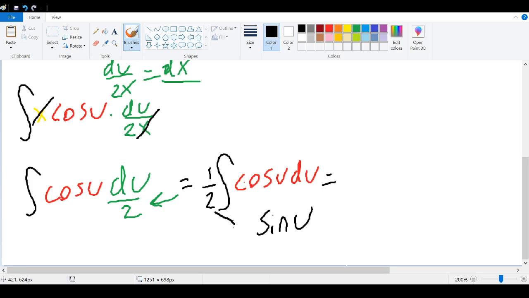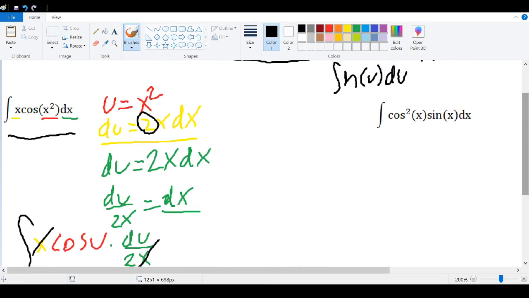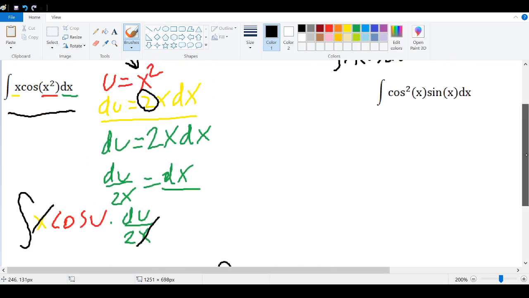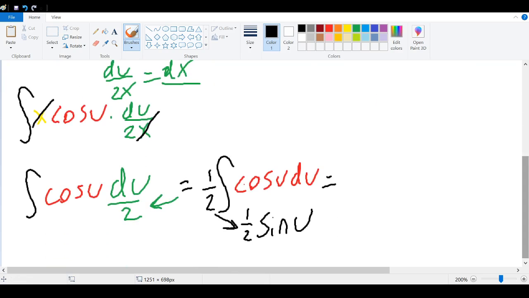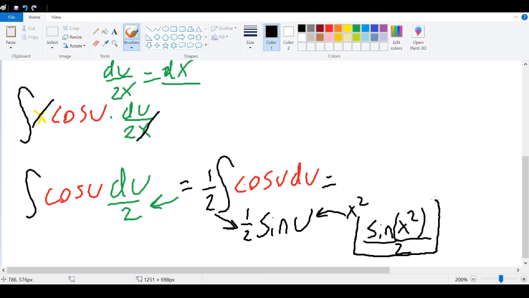And now let's bring everything back in terms of x's. So remember, u is equal to x squared. So let's just substitute x squared in for u, and we get the answer, which is sine of x squared all over 2. And that's our answer.